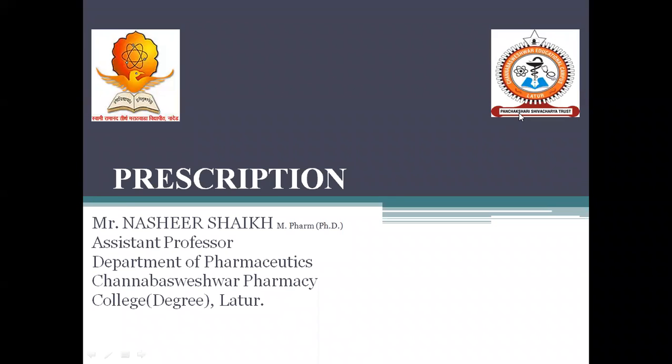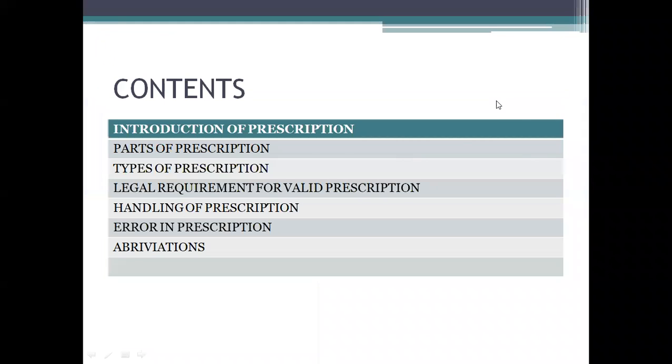So before that, whatever we have covered till now in prescription chapter, let's revise it in a very short manner and in a quick way. We are going to revise this prescription chapter, understand? So let's start with the contents of this prescription chapter.